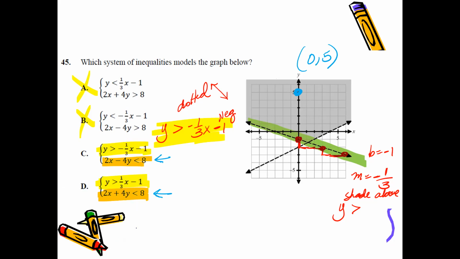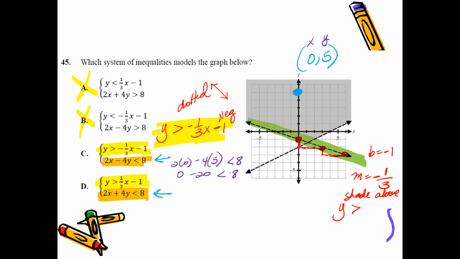So I'm just going to say C because that comes first. So C is 2x minus 4y is smaller than 8. Remember your x is 0, so 2 times 0 minus 4 times 5, your y is 5, is smaller than 8. Is that true or false? 0 minus 20 is smaller than 8. Is that true or false?